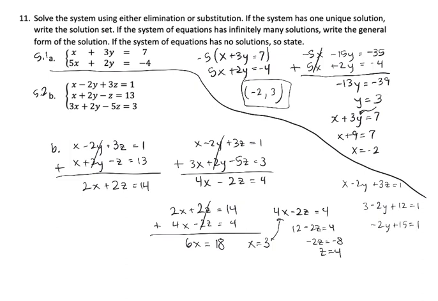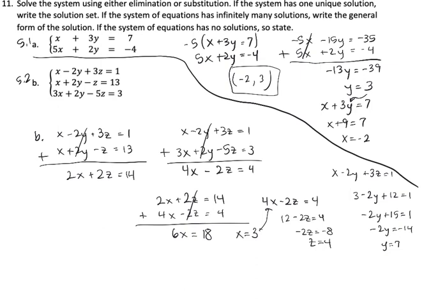Combine the 3 and the 12 to make 15, subtract 15, divide by negative 2, and y equals 7. So the result would be x equals 3, y equals 7, and z equals 4.